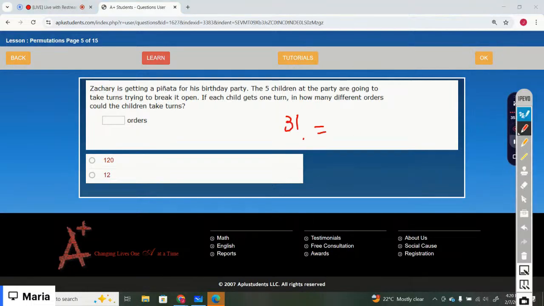So you have 5 different children, you can arrange them in 5 factorial different orders. So the correct option is, that is 120.